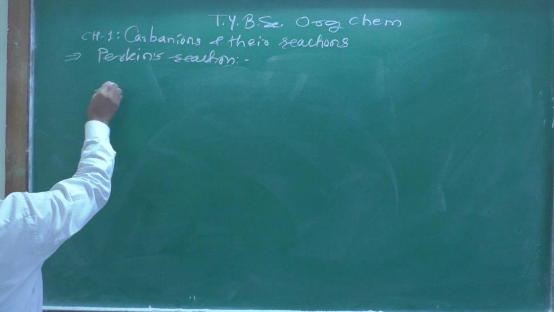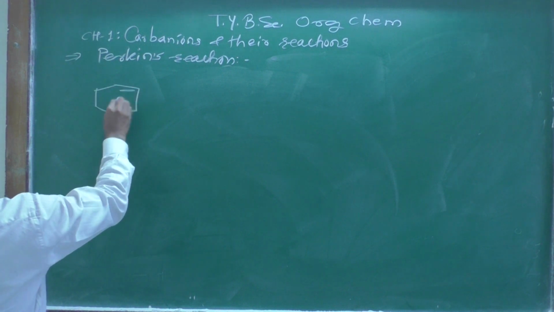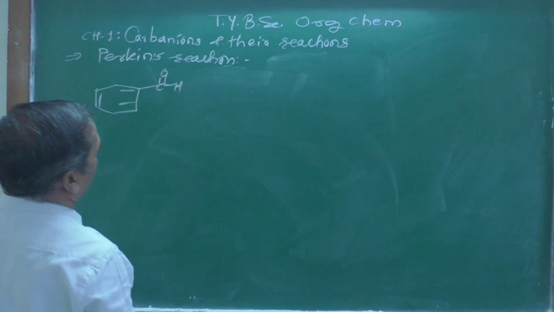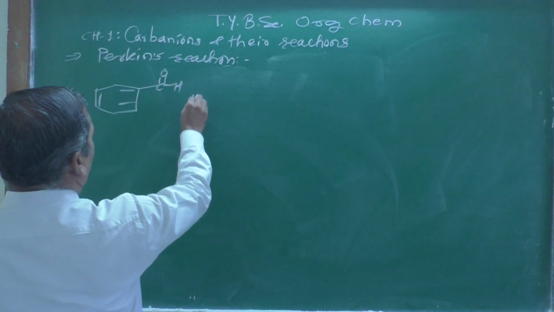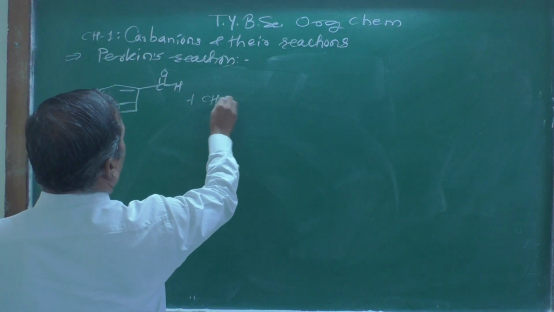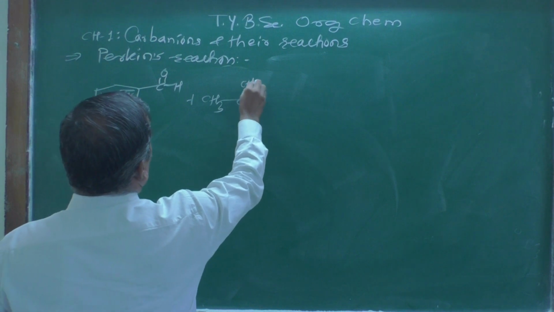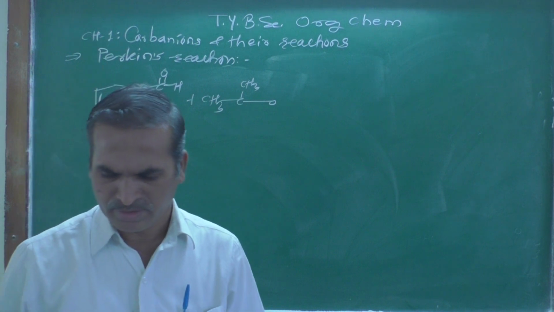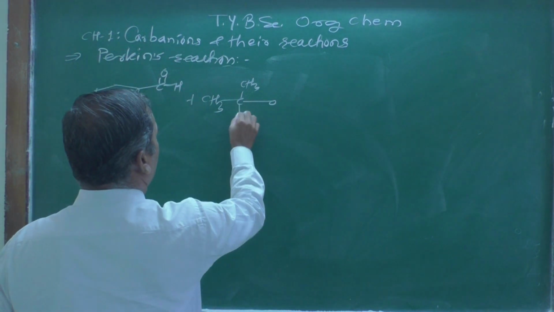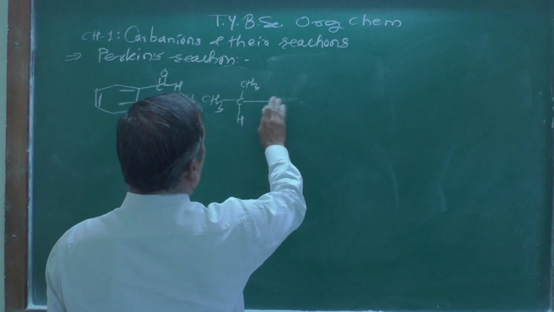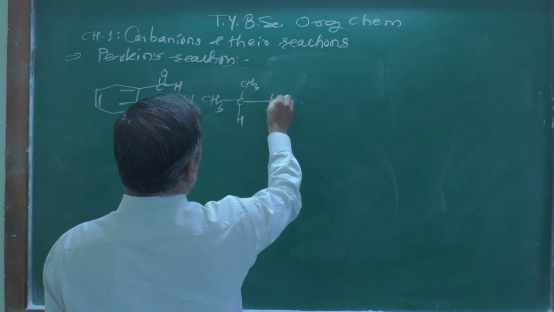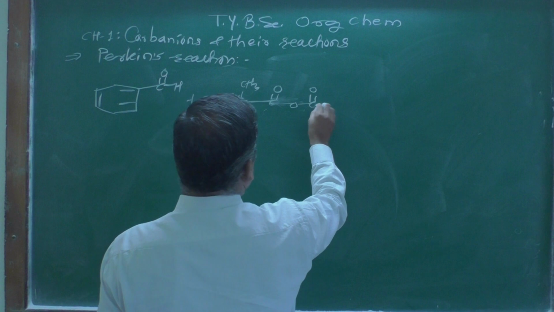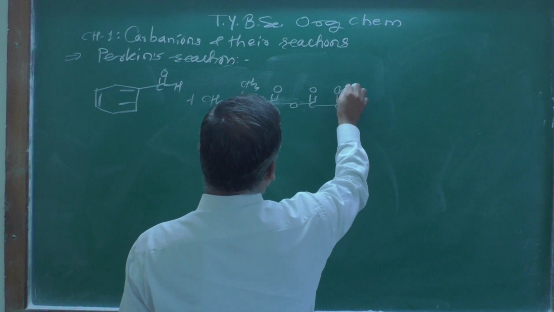Suppose we have this benzaldehyde, as we know C double bond O, H, then CH3, then C, CH3, then O, and here hydrogen atom, then here C double bond O, then O, C double bond O, then here CH3.